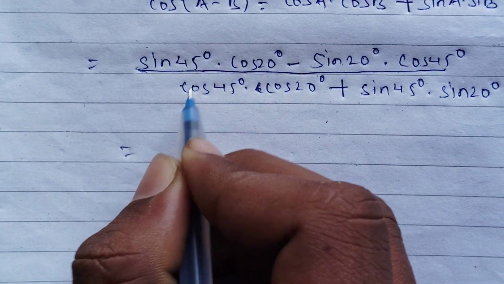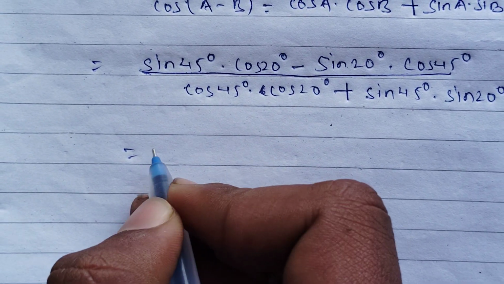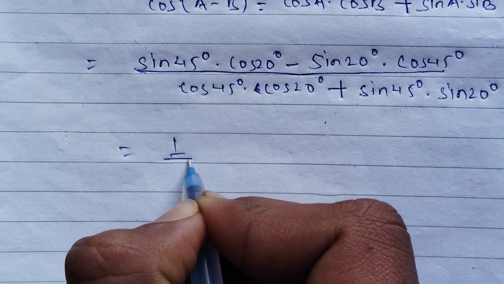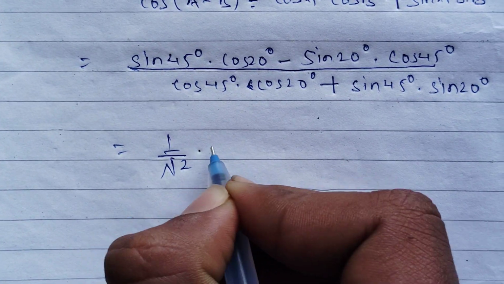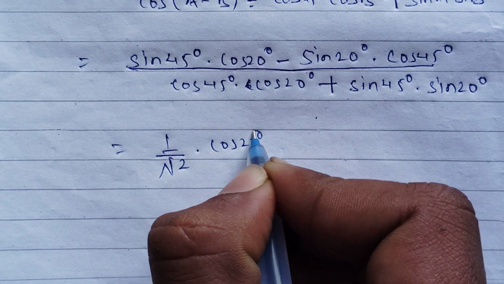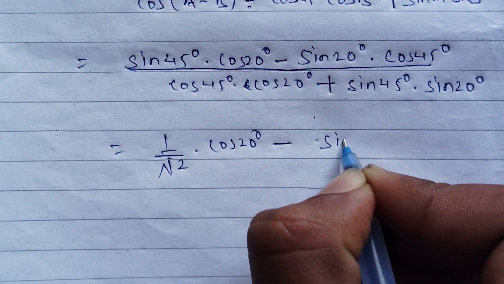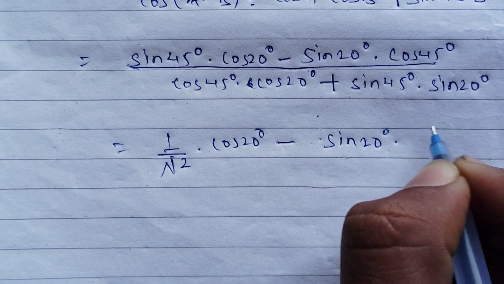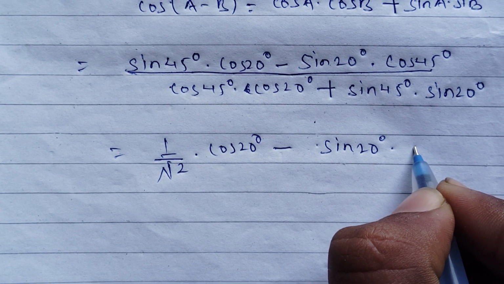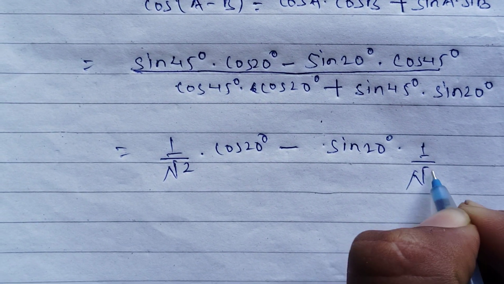Here, what is the value of sine 45 degrees? It is 1 by root 2, into cos 20 degrees minus sine 20 degrees into cos 45. What is the value of cos 45? The same, 1 by root 2.